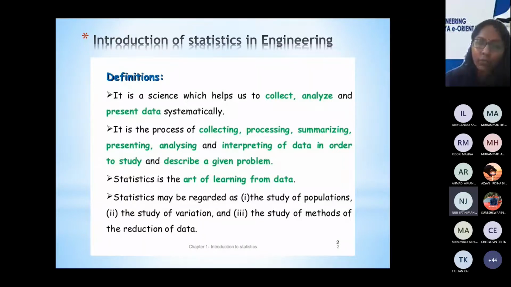Okay, and when you give it 10 data, it will find the best data that explains a particular problem. So from 10 parameters, you probably just reduce down to 2. And those 2 parameters can actually tell you how our output is being affected. Okay, so these are the importance of statistics.